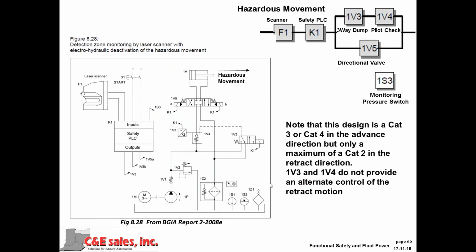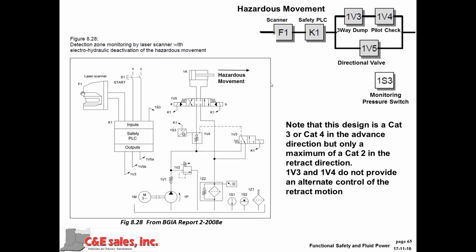Here's a little bit more complicated version. Again, I have a dual channel control here, and that is taken care of by its internal fault detection mode. Then I have, in the hazardous direction, either centering of this valve or the blocking of the exhaust of that cylinder in the advance motion with this pilot operated check. Notice here, if either one of these valves fails, this channel fails, this one is alone.